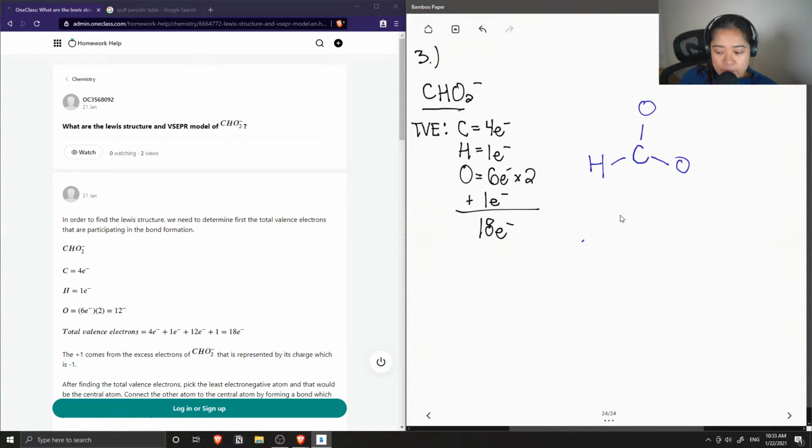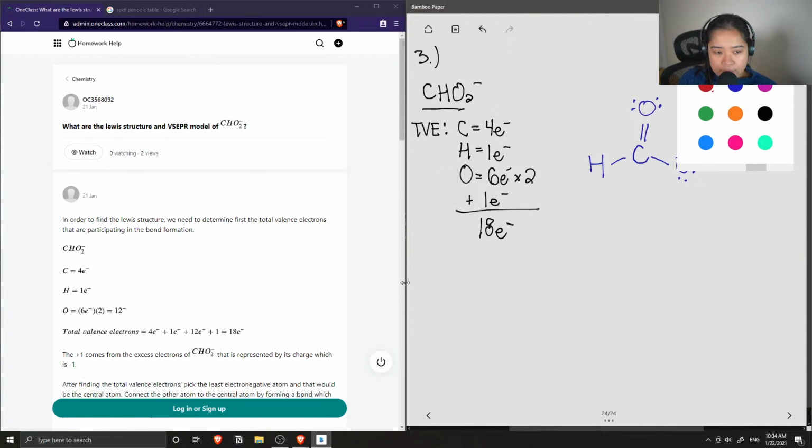So notice that carbon doesn't have a full octet yet, so I'm going to make one of these oxygens double bonded, and then I'm just going to fill in all the valence electrons, and then we can count out all the electrons to see how many I've drawn so far. So each bond contains 2 bonding electrons, and there are 10 in the form of lone pairs. So we have our 18 electrons drawn in this structure.